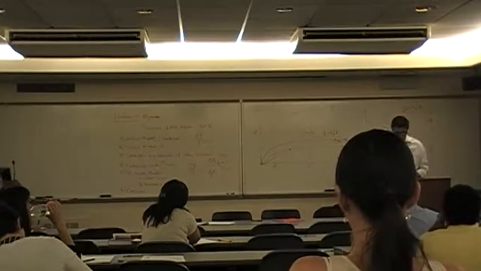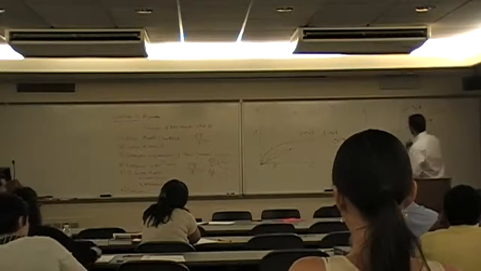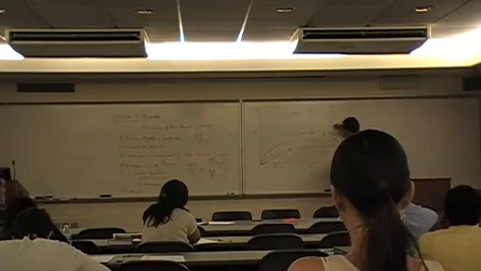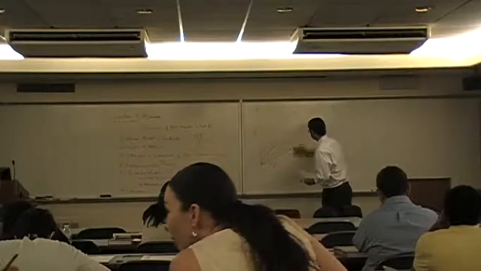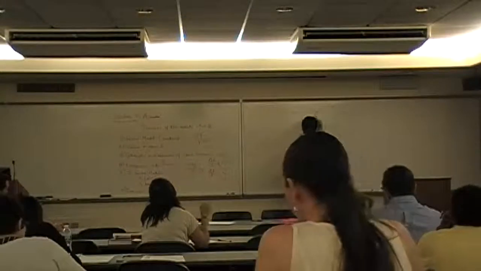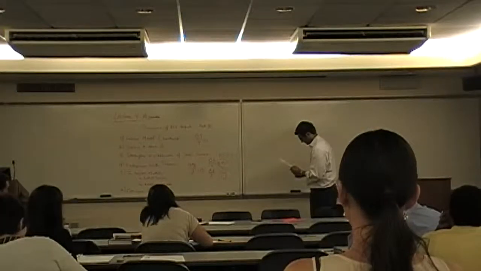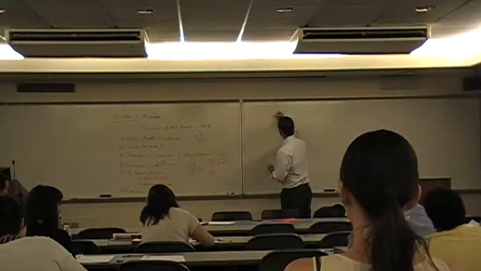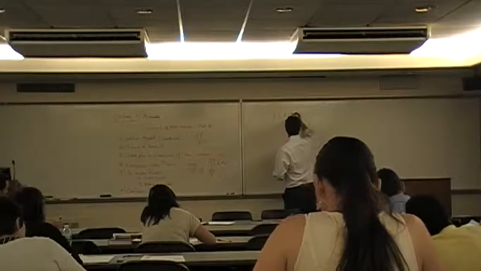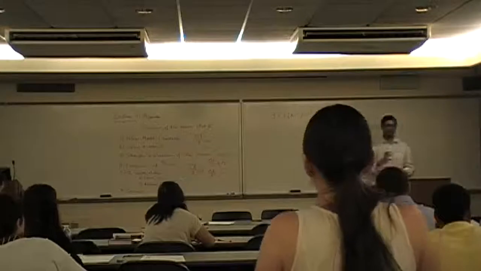Now, in order to see how we modify the Solow growth model for technological change, we must redo the model accordingly. Now, what we're going to claim here is that we have some production function, and it's still a function of capital and labor.